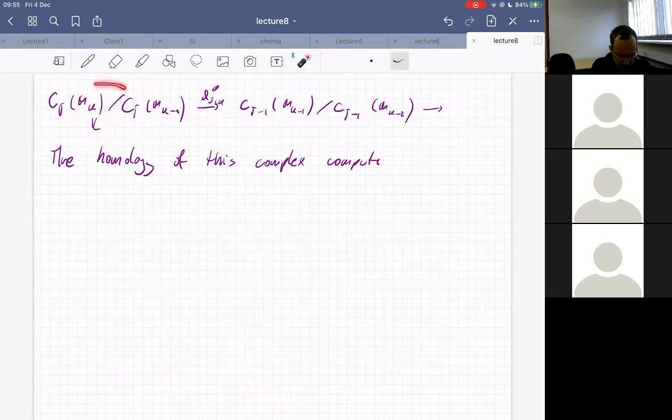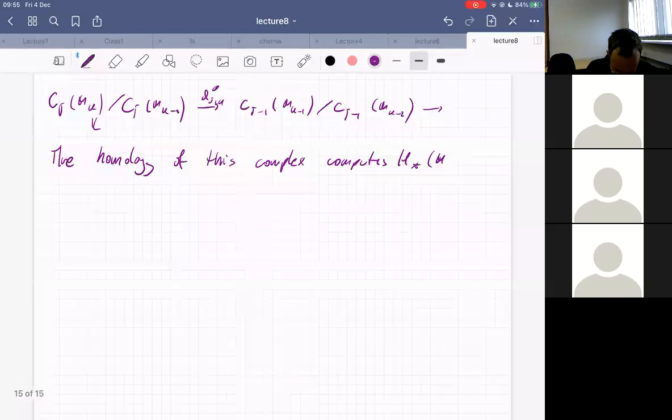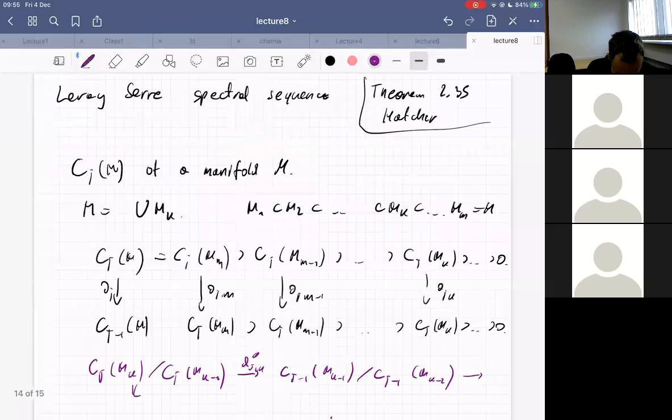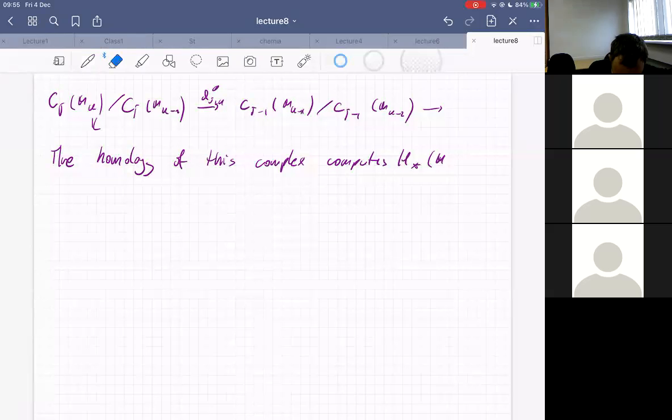This is like the space of relative chains, chains modulo the boundary, so it computes homology of, sorry, I'm saying something wrong here. There's a mistake here. And here is M_k, of course. The grading is not changed yet. M_{k-1}. All right.